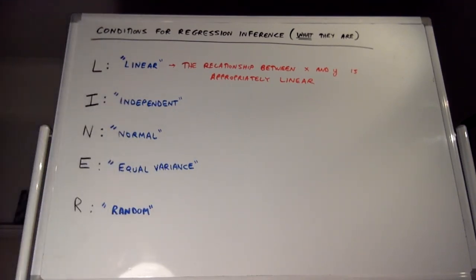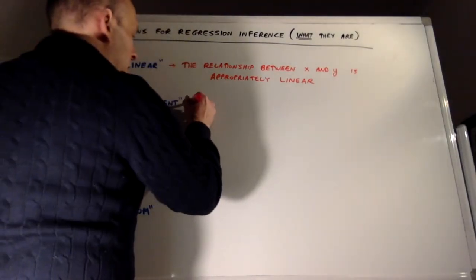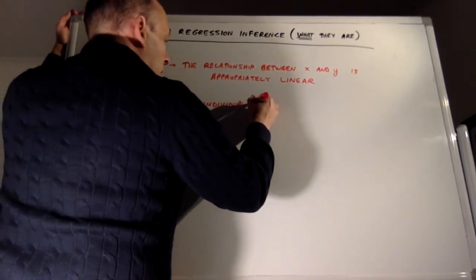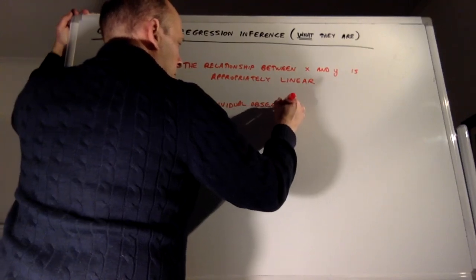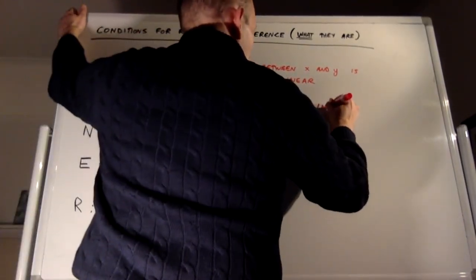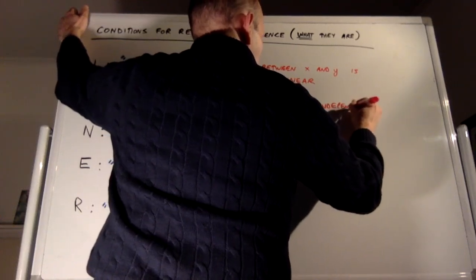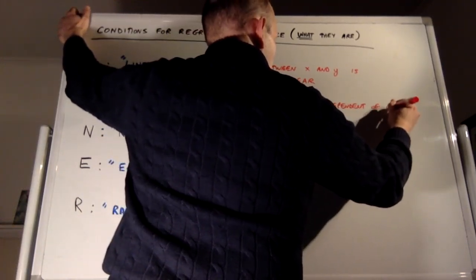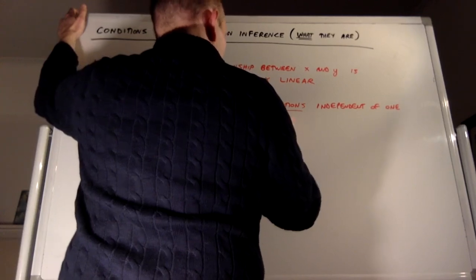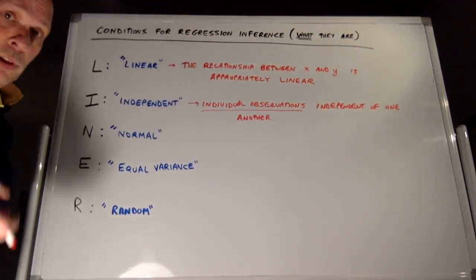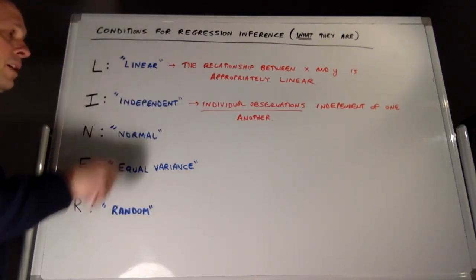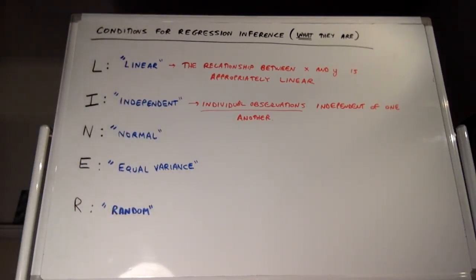So we'll say here the condition is that individual observations are independent of one another. Obviously, it's not the independence between samples because we're not taking more than one sample here. We're just taking one sample, right? So we're talking about the independence within that sample, the observations.